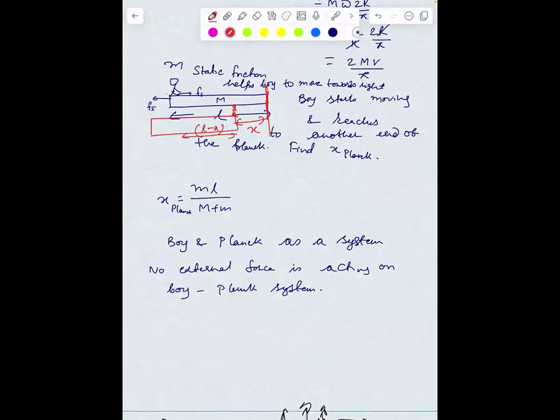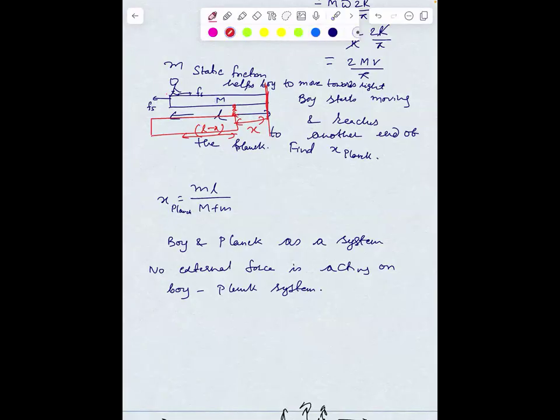So you can say that if there is no external force acting on the system, the velocity of the center of mass remains constant. If the center of mass is initially at rest, finally the center of mass will be at rest only.